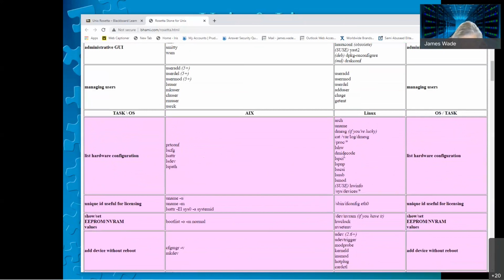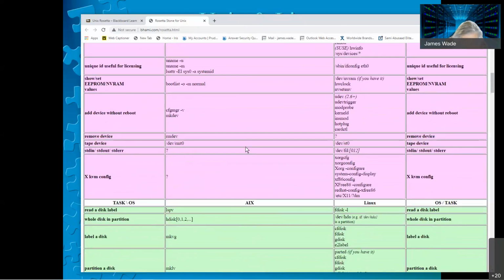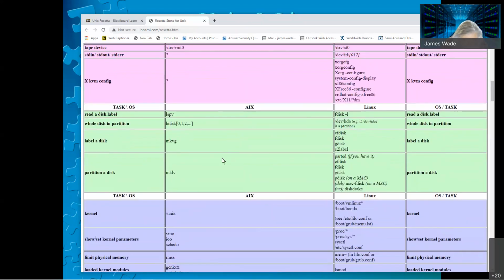Hardware configurations: prtconf, lscfg. Oh, looks like the hardware config commands are a little different from Linux to AIX. This is called a Rosetta Stone. And then here you get into read a disk label, label a disk, partition a disk. Notice mklv, make logical volume, in AIX. Over here, look, I can have fdisk, cfdisk.